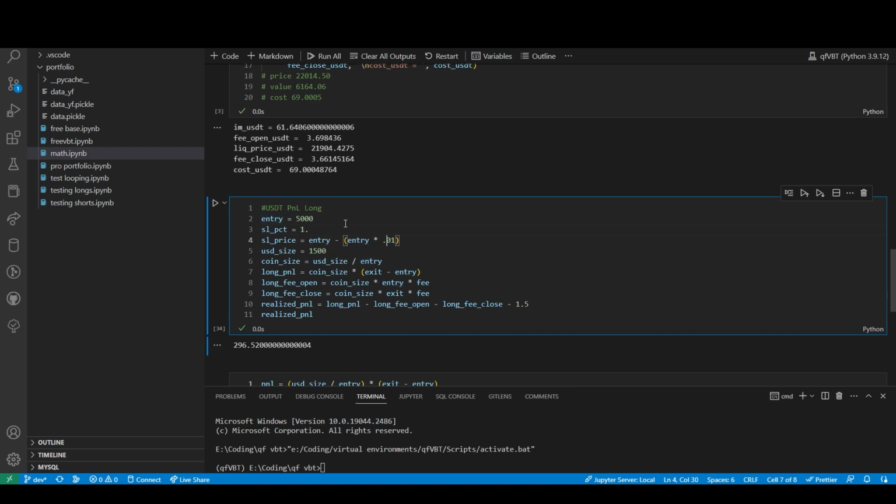So here we'll do entry, stop loss percent 100. Then we will change this.